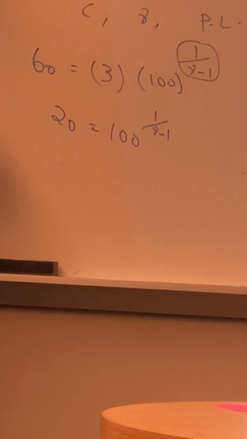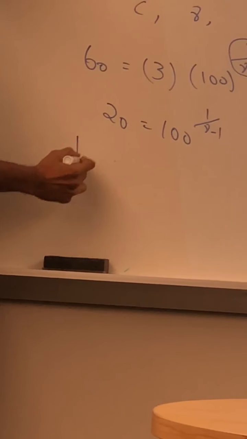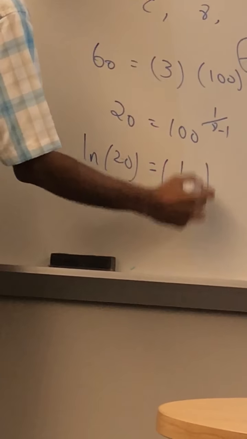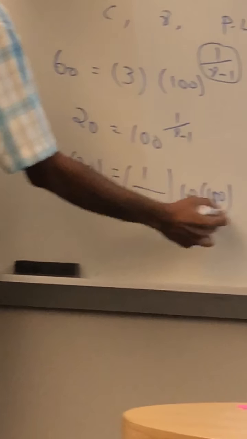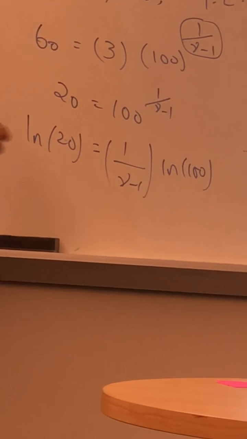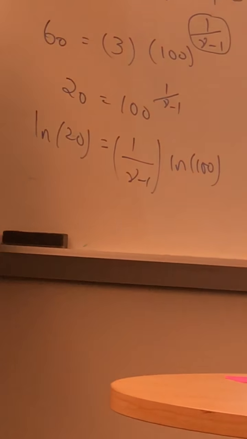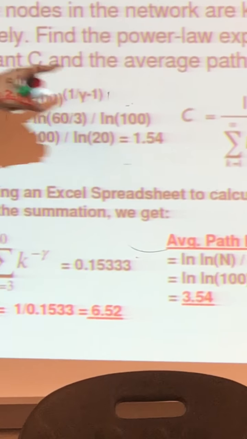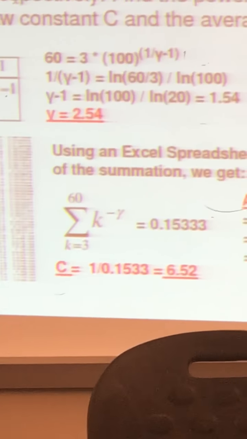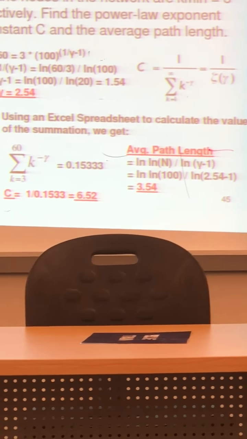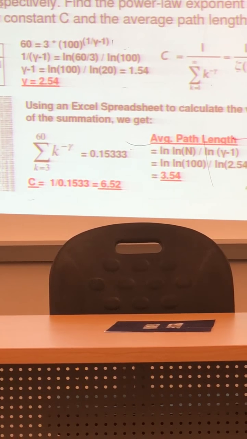If I take logarithm on both sides, log 20 is 1 over gamma minus 1 times log 100. Is that clear? If I take logarithm, the exponent comes before. So gamma minus 1 is simply log 100 divided by log 20, and that comes out to be 1.54. Since gamma minus 1 is 1.54, gamma is 1 plus that, so it's 2.54. Here log is the natural logarithm, to the base e.